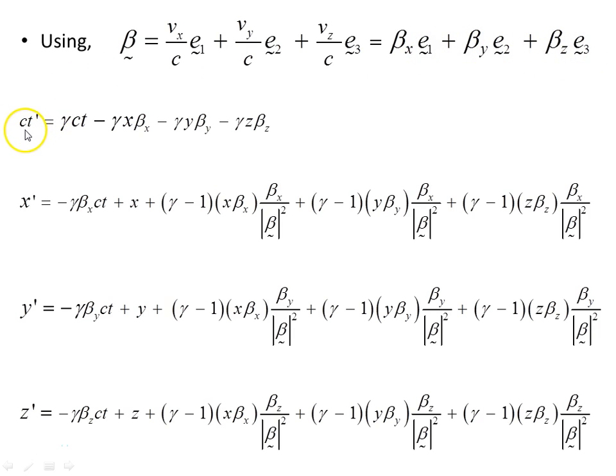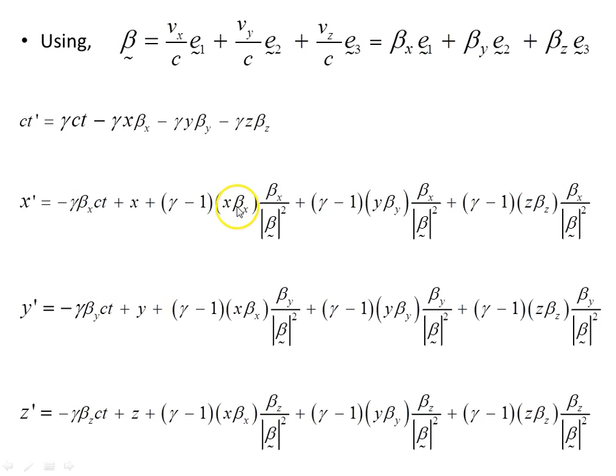Now, from a few slides back, ct prime is this object here. We've already expressed that using the betas. X prime now becomes minus gamma beta x times ct. We put an extra c in there because beta x is vx on c, so we've added a c there.